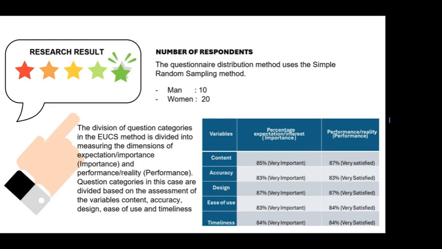The question categories are divided based on the assessment of the variables content, accuracy, design, ease of use, and timeliness. So there is the table of the results from the respondents.